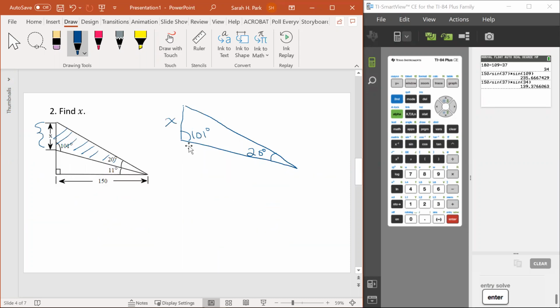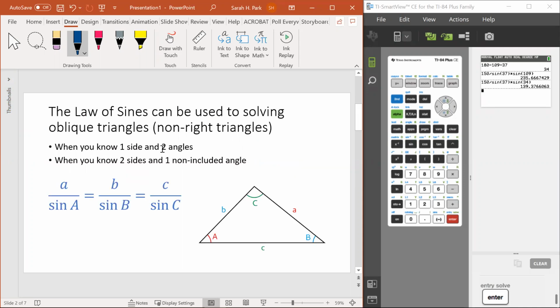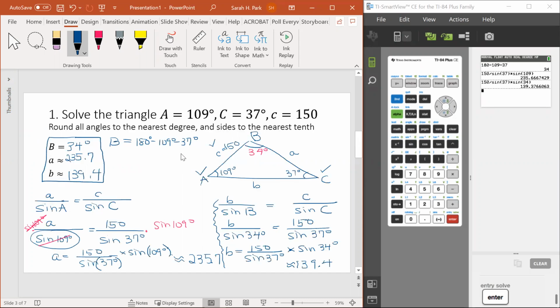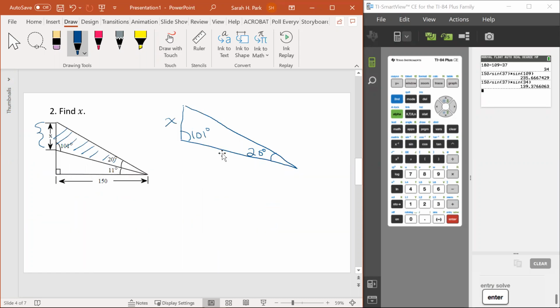So here we're given no sides. And remember, we have to at least know one side and two angles. Here we're only given two angles, and I'm thinking, how can we find one of the missing sides?